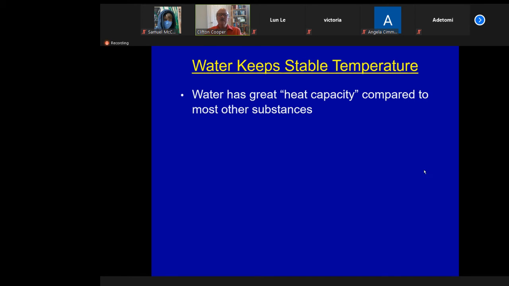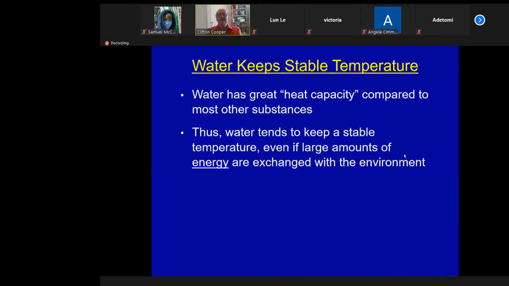So water is good at dissolving stuff. It also keeps a stable temperature. What that means is that it has a high heat capacity. What that means is it's able to soak up a lot of heat energy without its temperature changing very much. So that allows it to keep a comparatively stable temperature, even if a lot of energy is going in or out.